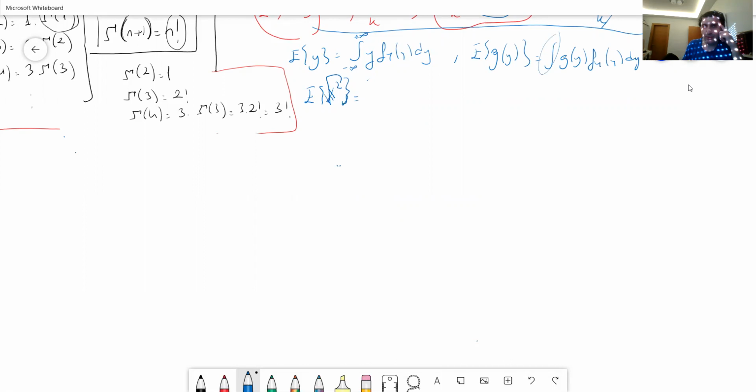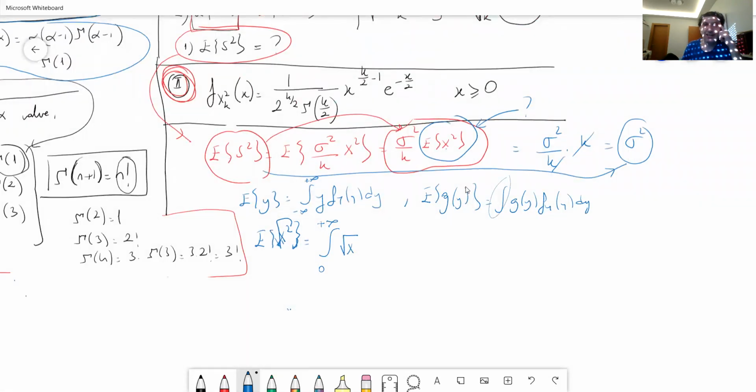So here, from 0 to plus infinity, we are going to write the square root of x, and we are going to use this chi-square random variable density function. It's going to be 1 over 2 to the k over 2, times x^(k/2 minus 1) exponential minus x/2 dx.